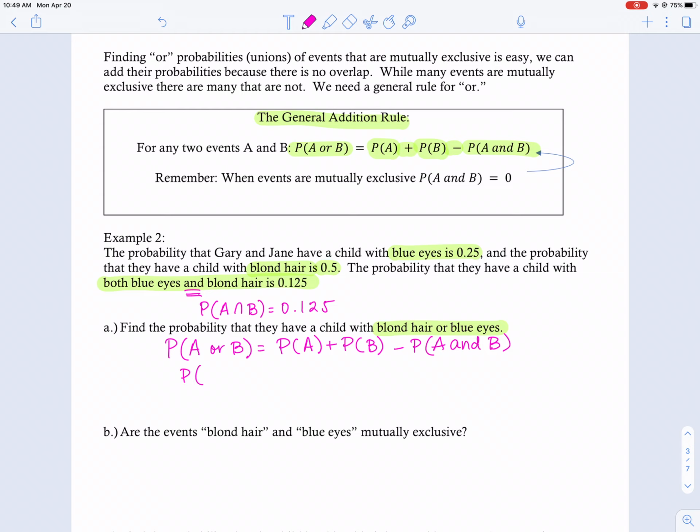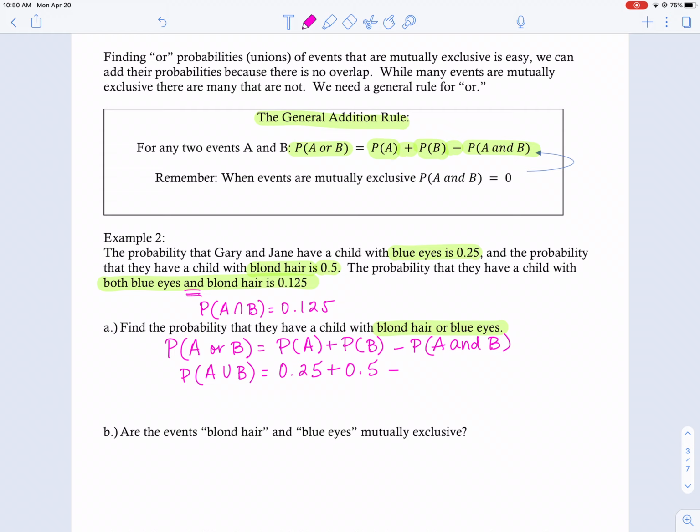The probability of A or B is equal to, what's the probability of A? Well, I'm going to call A blue eyes, so that's 0.25. The probability of B is blonde hair, which is 0.5.